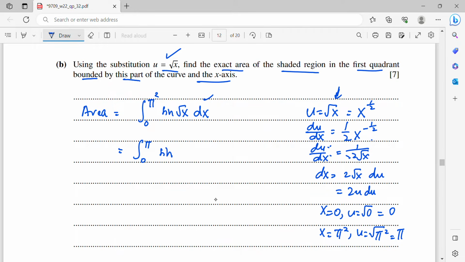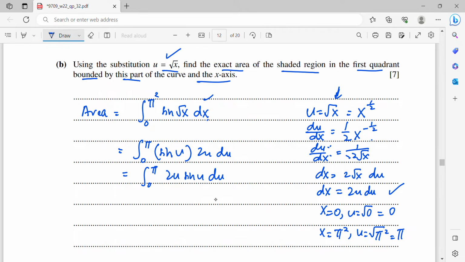Then sine square root x will be sine u. Then my dx becomes 2u du. Okay, so from here, I will rewrite. Here becomes 2u sine u du.